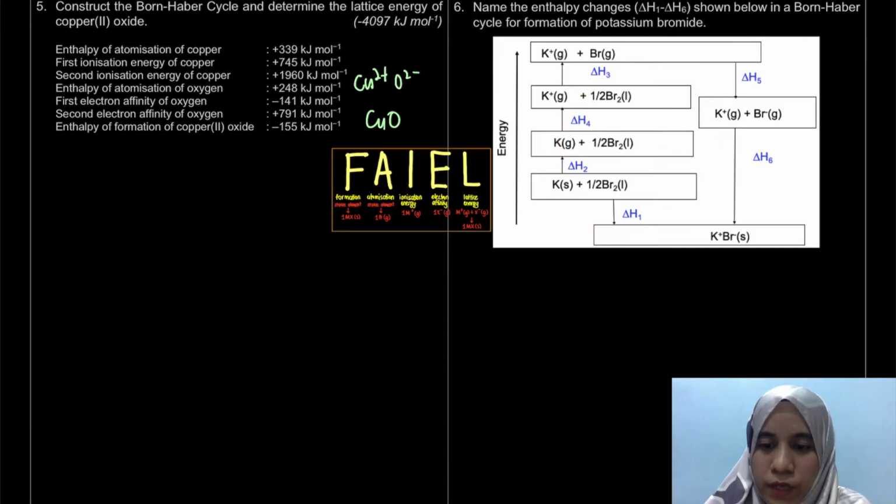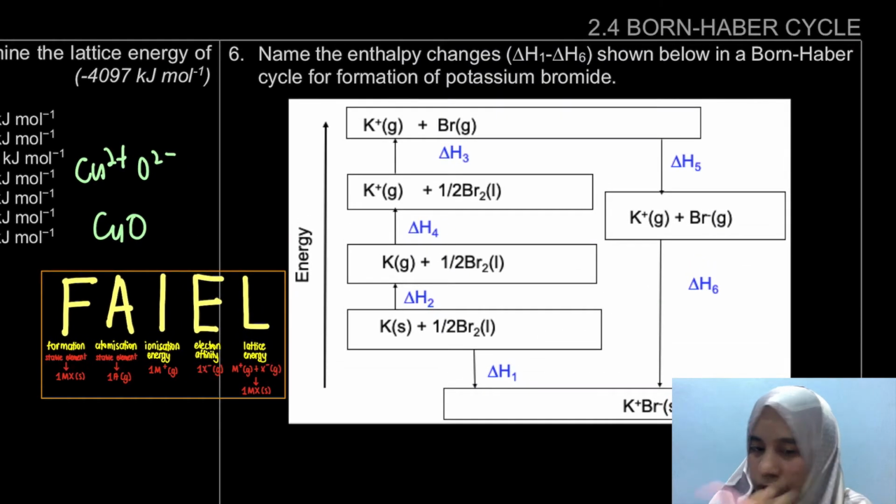From H1, the arrow is forming my ionic solid. So this is the formation. But the second one, the change is from my solid to my gas. So here must be my atomization. Atomization of what? My potassium.